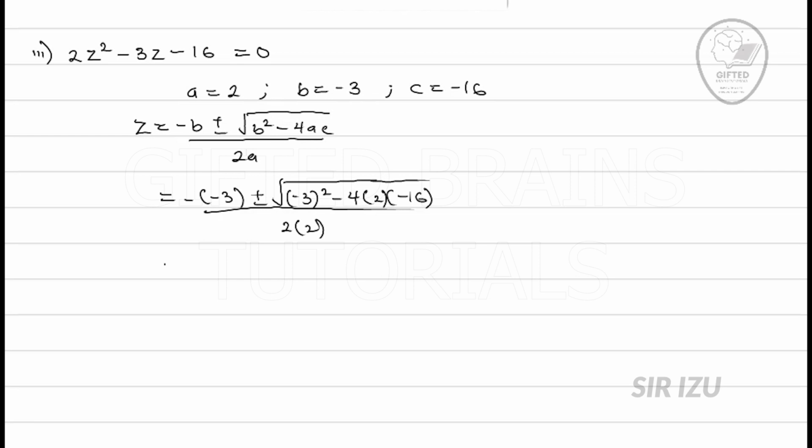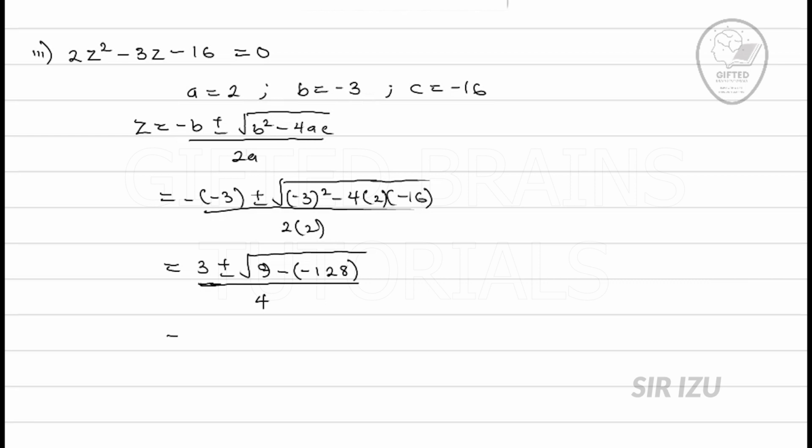So we would have minus minus 3, which gives us 3, plus or minus the square root of 9 minus 4 times 2 times minus 16, which will give us 128, all over 4.